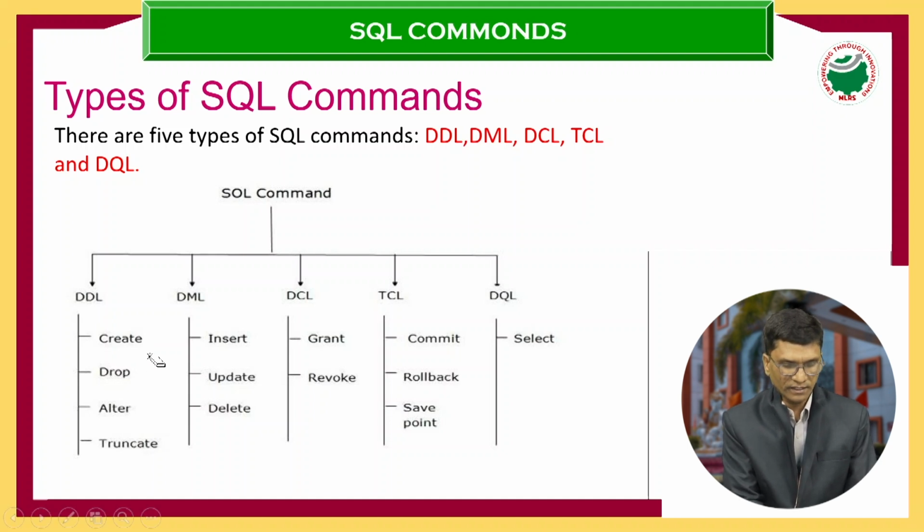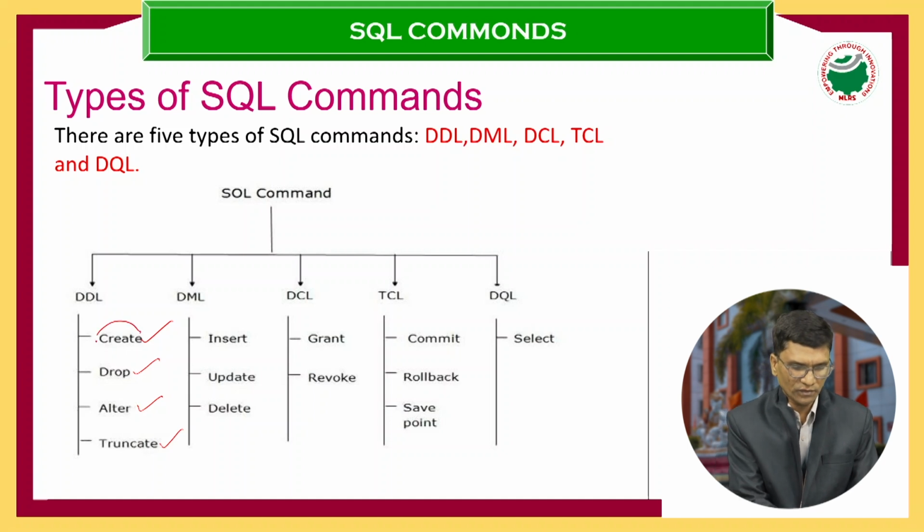DDL has create a table, drop a table, alter a table, and truncate a table. Create a table means that to enter any information, we first need to create a table. Then only are we able to insert our actual information into the table.